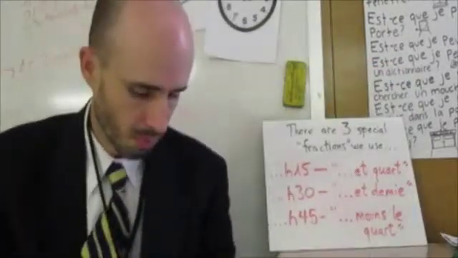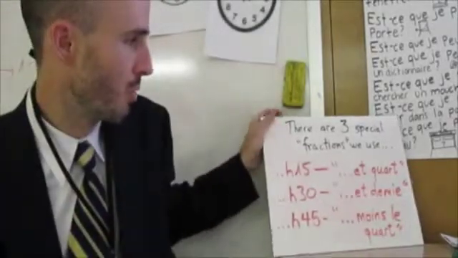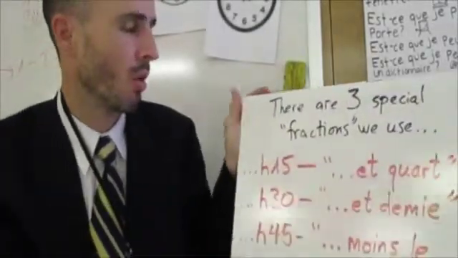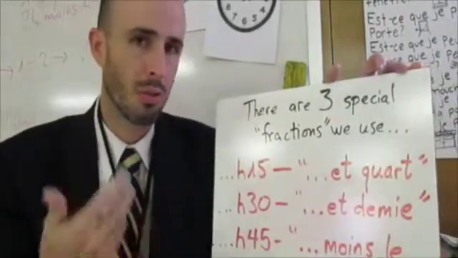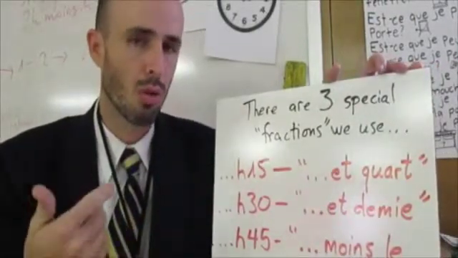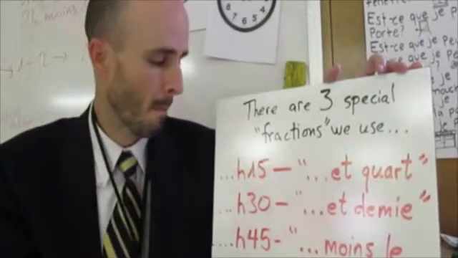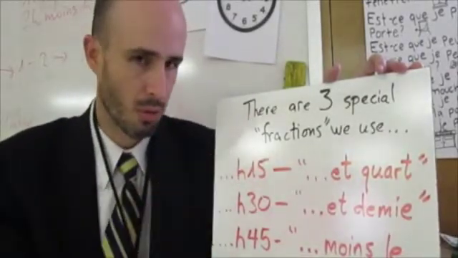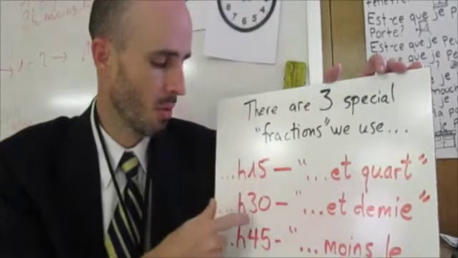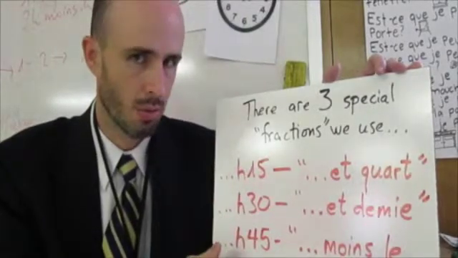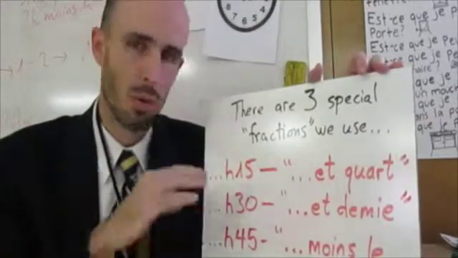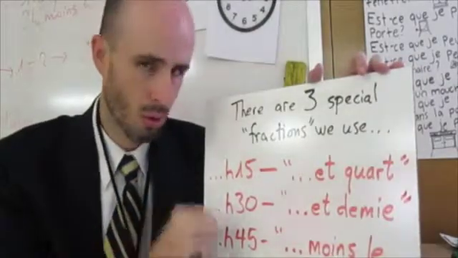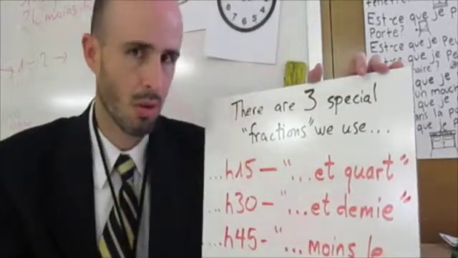Now, before we show some examples, there are 3 special fractions that we use telling the time in the familiar way. In the familiar system, we're never going to say 15, 30, or 45. If I ask you to tell me the time with the familiar way, don't ever put 15, 30, or 45 in your answer.